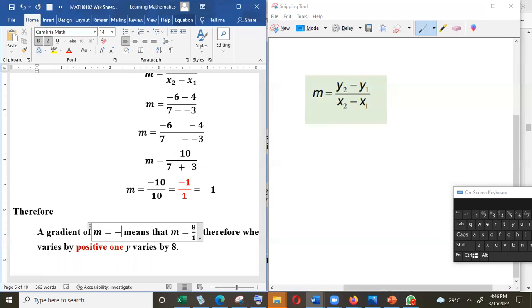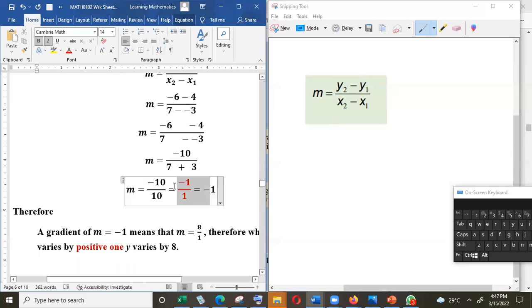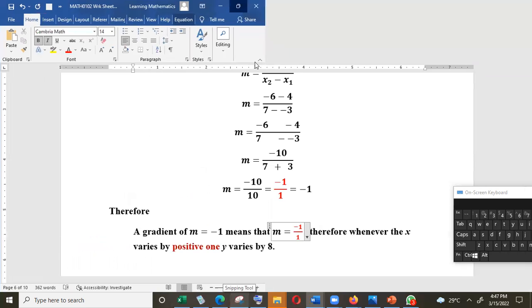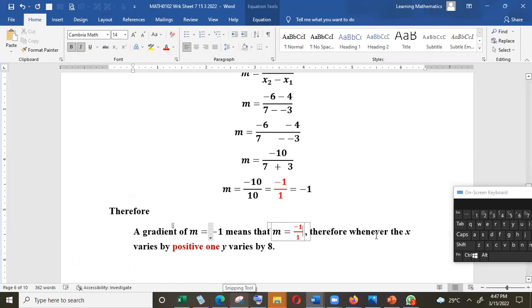A gradient of -1, you know what that means? It means -1 over 1. Therefore, whenever x varies by +1, y varies by -1.